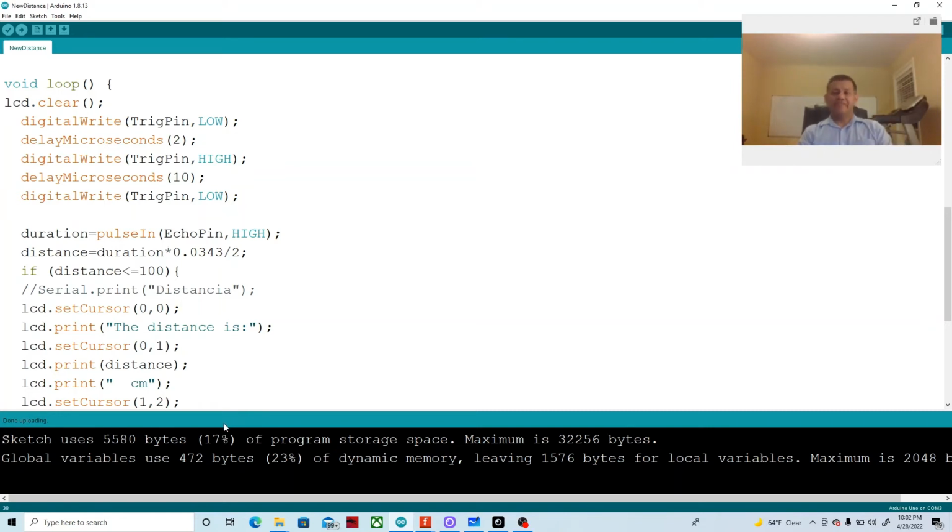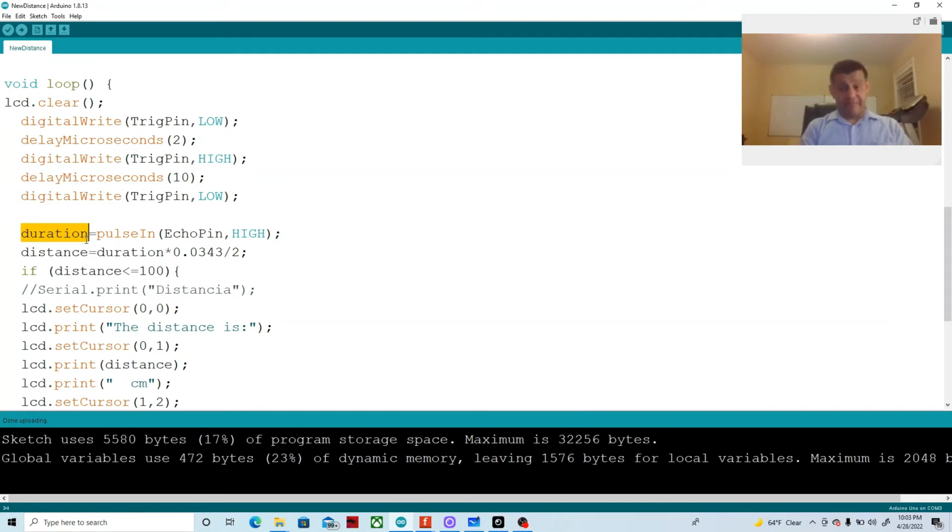But anyway, what we do here, right? So then we have the digital pin trigger low, right? Then we have this here. See the one that we declared, we call duration.